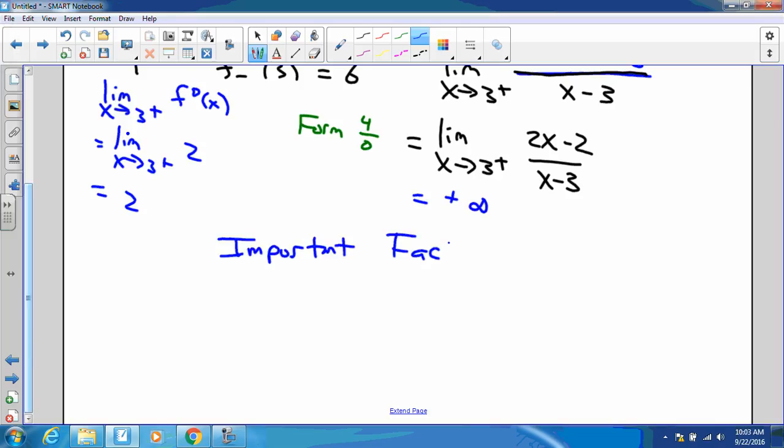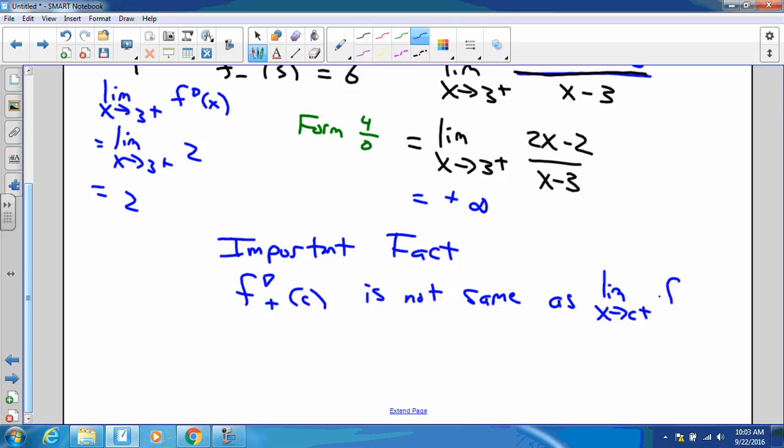So let me say that again. Here is our important fact. f prime from the right at c is, in general, not equal to, could be equal to, so I'll just say is not the same as, the limit as x goes to c of f prime of x.